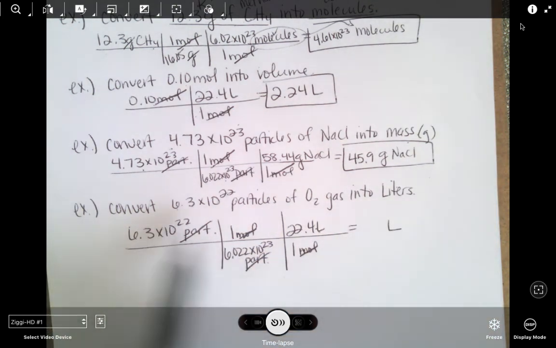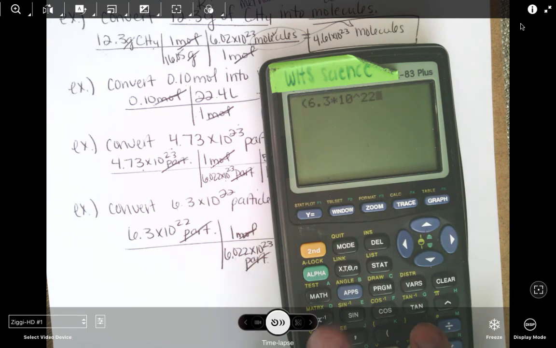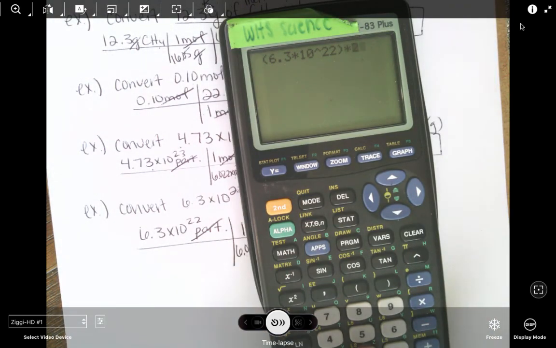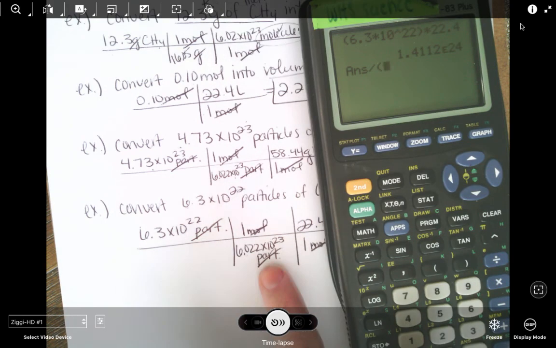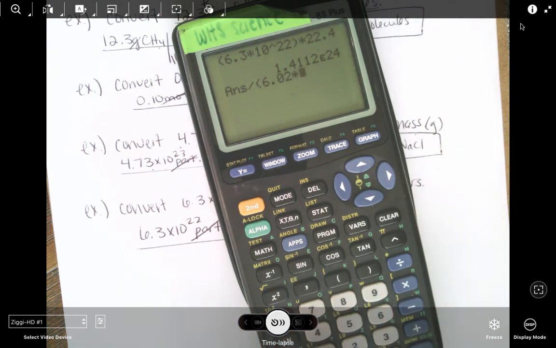So automatically I have numbers in the numerator and the denominator that are scientific notation, so I'm going to use parentheses. So I'm going to take 6.3 times 10 to the power of 22 multiplied by 22.4 equals divide by parentheses Avogadro's number 6.02 times 10 to the power of the 23rd.